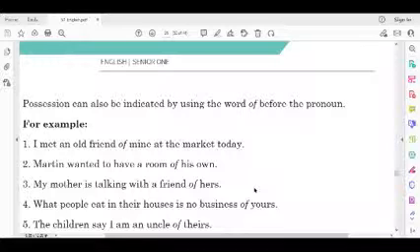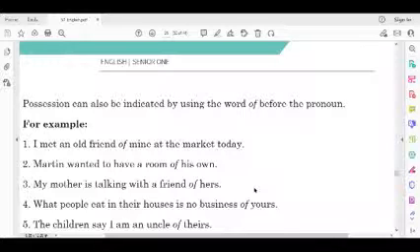So you can say, I met an old friend of mine at the market today. So that is another way of indicating possession when we are using possessive pronouns: you can use the word of before the pronoun.